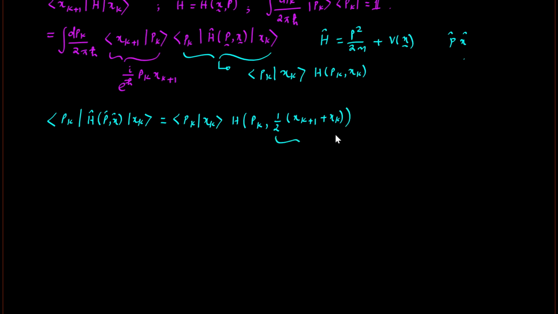Let me denote this term as x bar k. Finally, I can also write this expression as exponential of minus i p_k x_k divided by h cross.